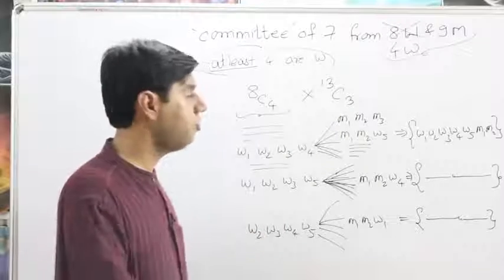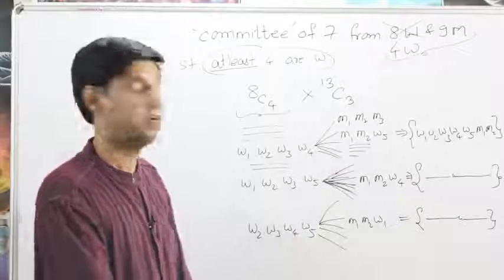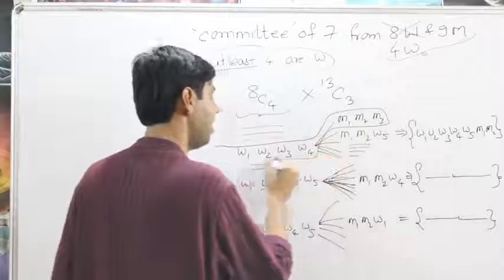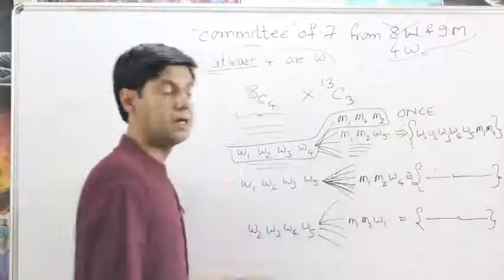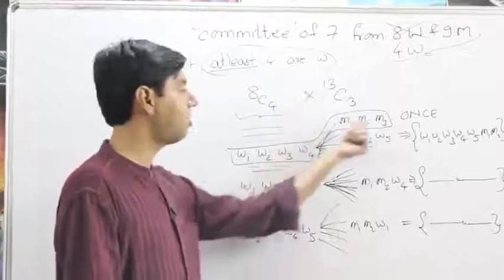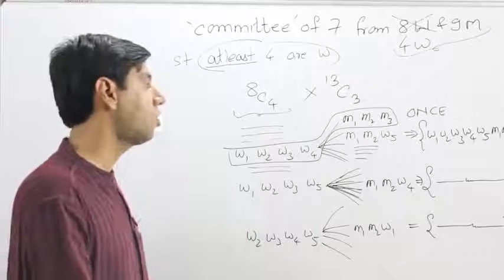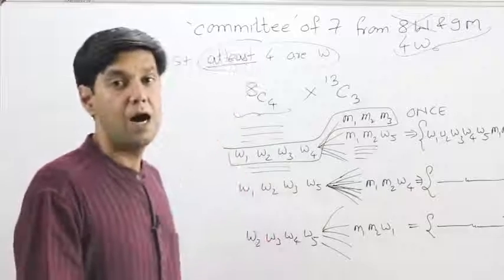One might think, why don't I just correct myself by checking how many times I count it twice? You would not be able to do that, because the first committee, for example, is counted only once. The moment you have man 1, man 2, man 3, you cannot have any one of them in the mandatory pair. So there are quite a few committees which will be counted many times over.